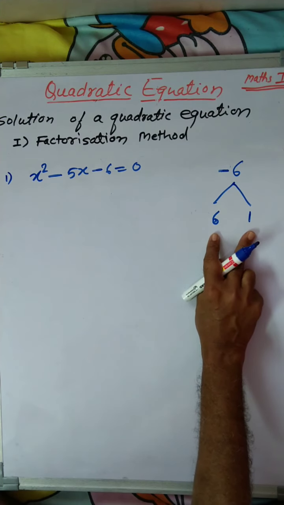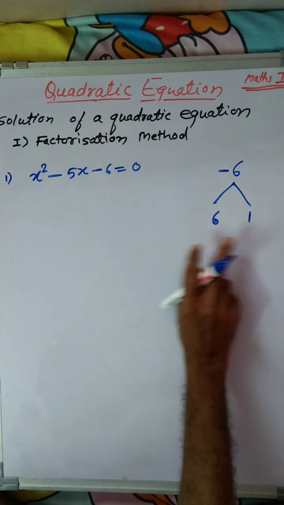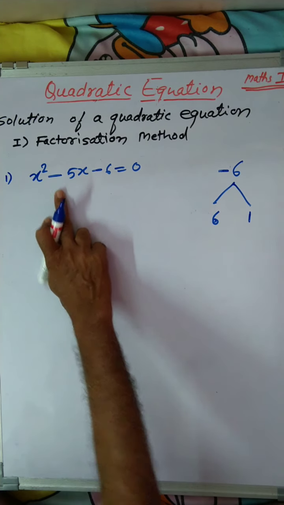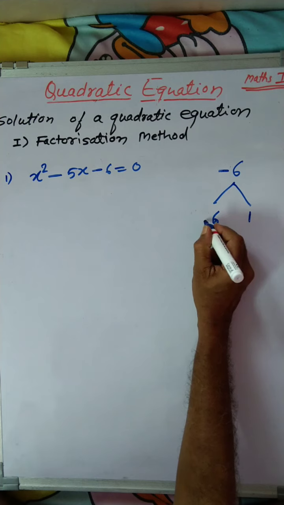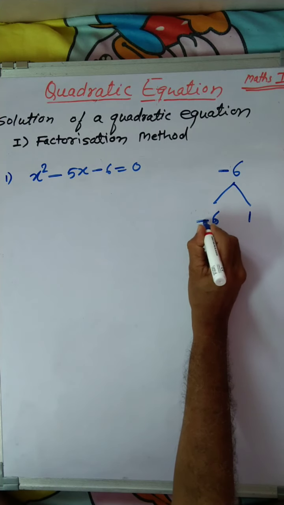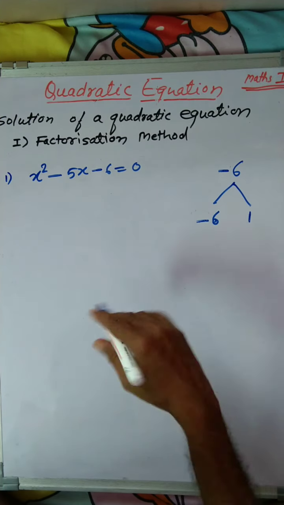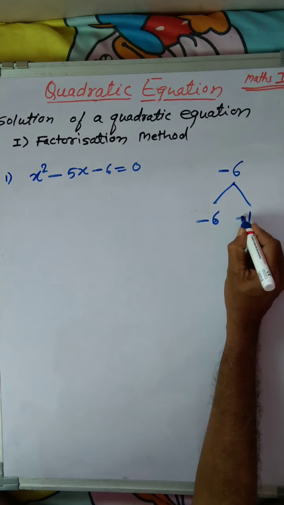The factors are 6 and 1. Here the negative sign of the middle term, that means we take that sign to the greater number, so 6 gets the negative sign, and the other sign to the smaller number, that is positive.